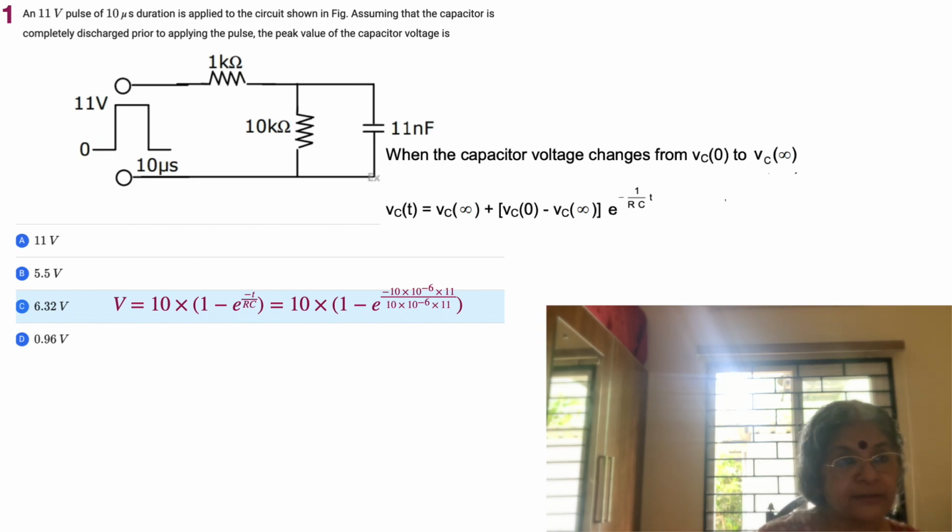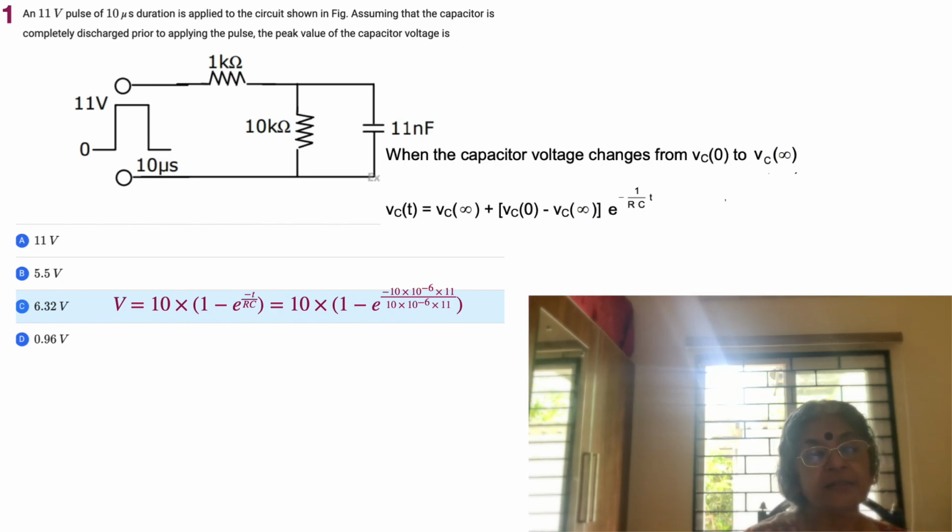And what is RC? R is 10 by 11, and C is 11 nanofarad. So when you put all these together, you can see that the capacitor charges only up to 6.32.